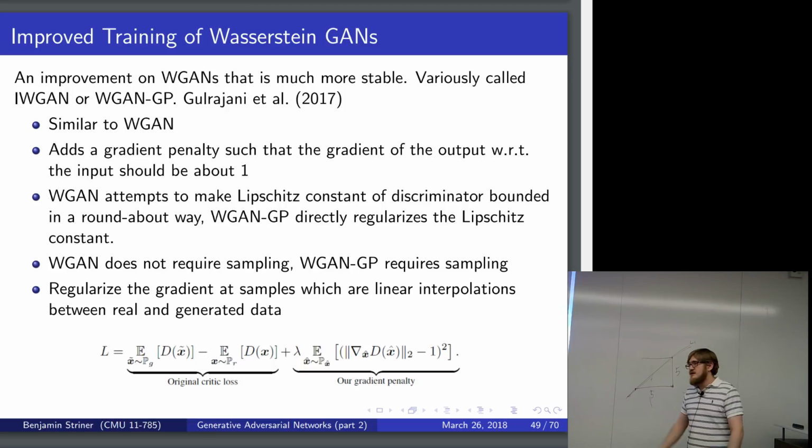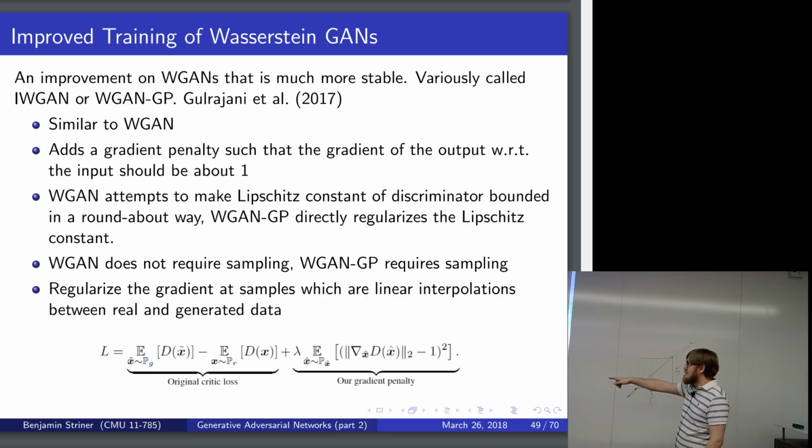So if our goal is to say, I want to learn a neural network that has a Lipschitz constant of 1, you could do it with gradient clipping or whatever, or you could just calculate the gradient and make sure it's equal to 1. And that's basically what they're doing here: they have this gradient penalty term, which takes samples from somewhere in your input space, and we'll talk about how it gets that.